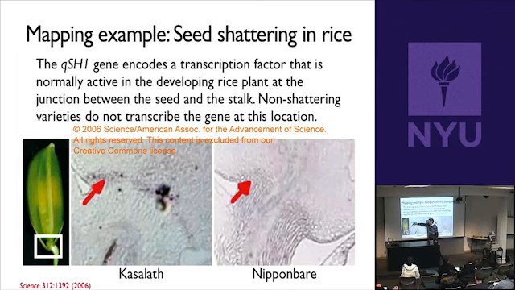It's that this activity of this gene probably reflects a large number of genes that are also differently expressed at this boundary that are controlled by the QSH1 gene and activated in Cazalat, but are not activated in Nippon-bare, and so there could be a whole suite of differences between this kind of rice and this kind of rice that make for that phenotypic difference.